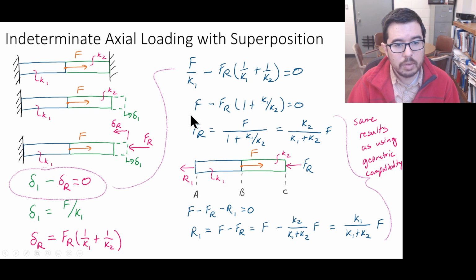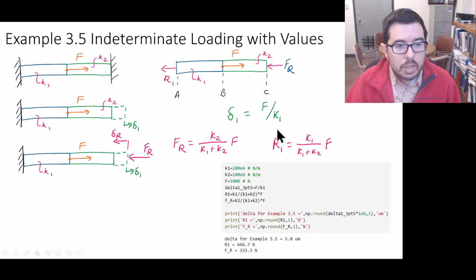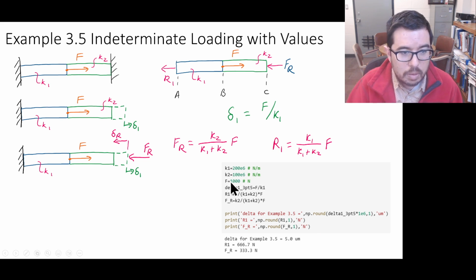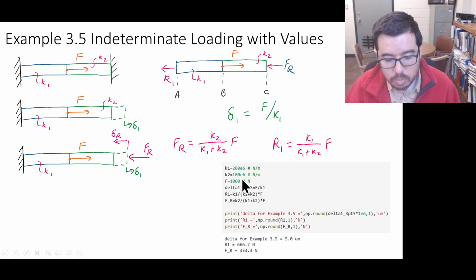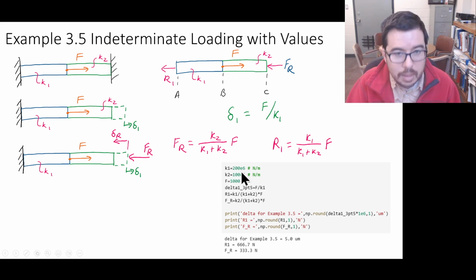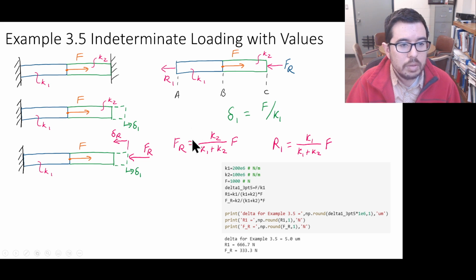Now let's look at some values. If we say, okay, K1 is 200 kilonewtons per millimeter, K2 is 100 kilonewtons per millimeter, and that the load is 1 kilonewton, we can run the numbers as we've seen here, and we get that R1, so this force on this side, this internal force also in this member here, is going to be 2/3 of the force that we're applying to the system, and then this side is going to be 1/3 of the force applying to the system.